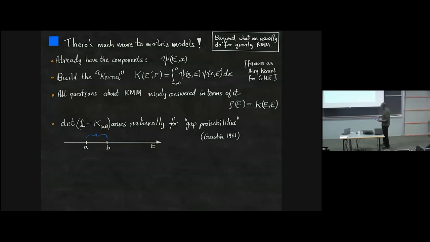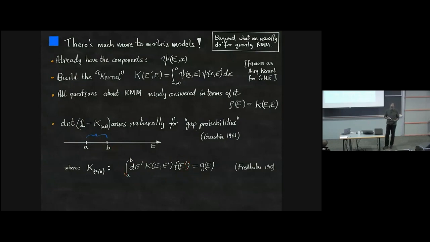And it was shown back in the 60s that there's a natural problem. This kernel acts as the kernel of an integral operator that acts on the energy line in the following way: I have a function f, and it gives me a function g by acting like this on the line.